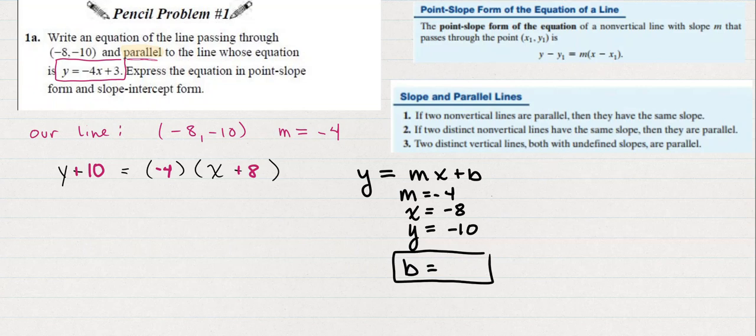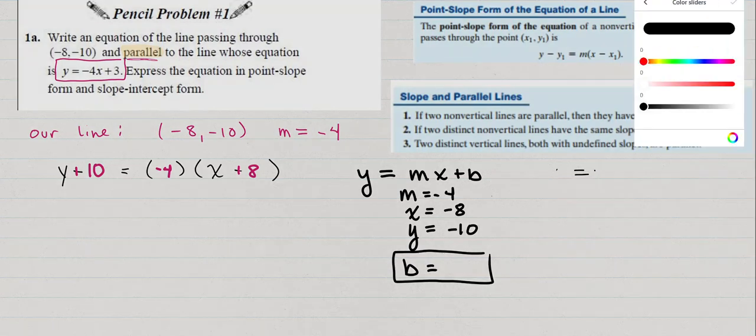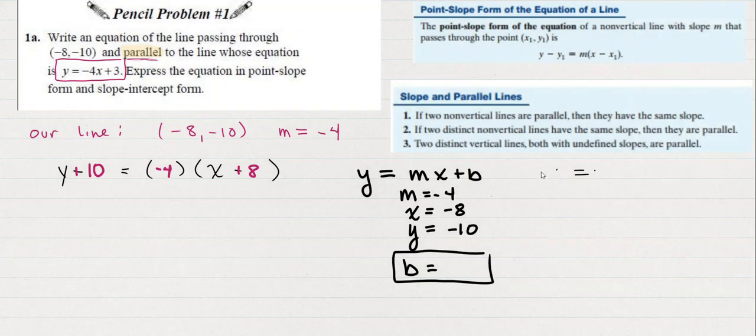So let's try it this way as well. So y equals, oh, I'm sorry, I didn't replace the y, did I? So y is negative 10. So we have negative 10 equals m, so negative 4, times negative 8, plus b.